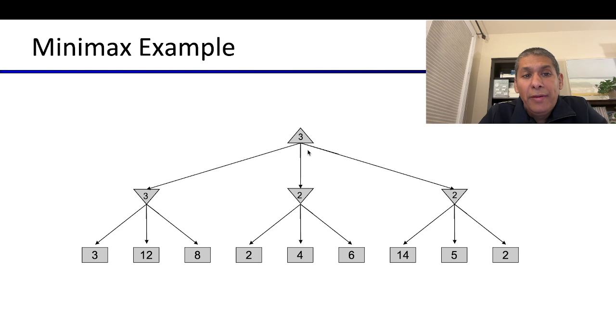So if we do that, then we're going to, of course, reach that this is equal to 3, this is equal to 2, this is equal to 2, and the maximum is equal to 3. So because it's in our control, we're going to say, okay, we'll go here. Here the opponent will make the move that minimizes the result for us, which will be a 3, but overall we'll still be maximizing here.